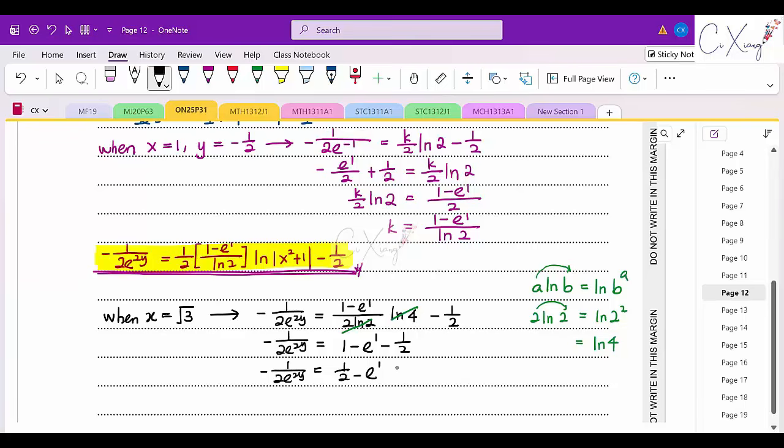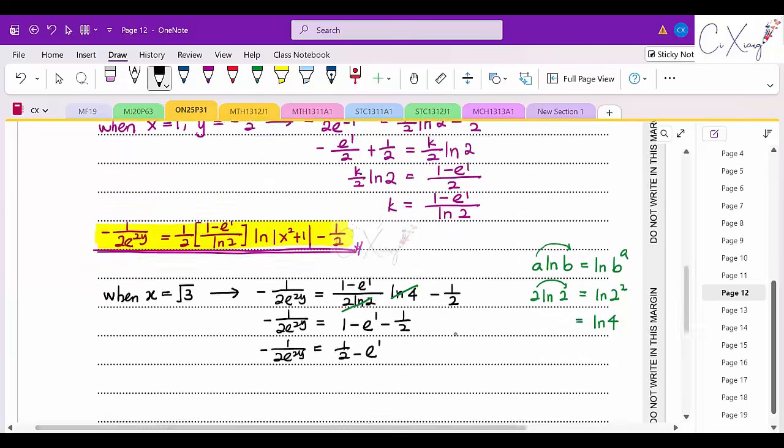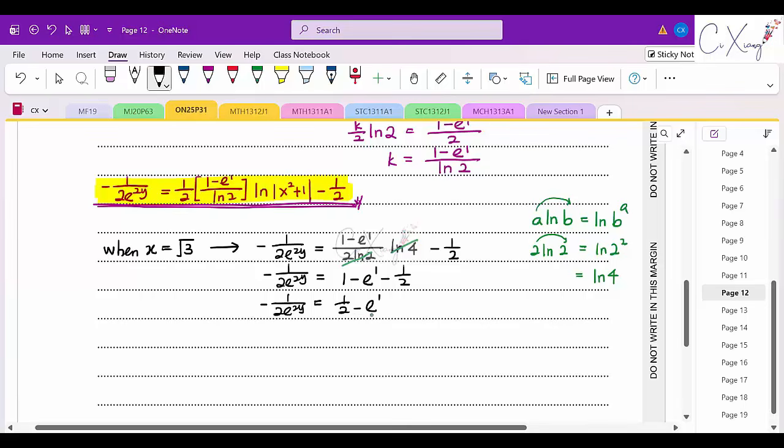I just want to keep the y on the left hand side. So what I can do next is multiply the whole equation by 2 so that I get rid of the denominator of 2 first. And I will be having negative 1 e power 2y. Half multiplied with 2, you get a 1. Then this one multiplied with 2, you get 2e power 1.